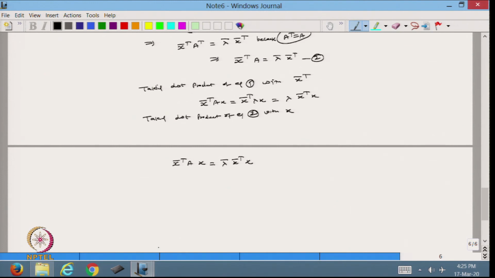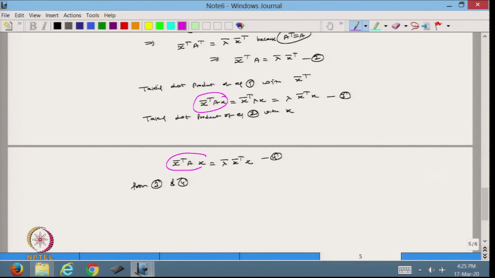That is the dot product I have taken, equations 3 and 4. Because this is just a number, I can take the transpose. So, from 3 and 4 you will see that these are the same. So, from here I can write that lambda bar x bar transpose x is the same as lambda x bar transpose x.